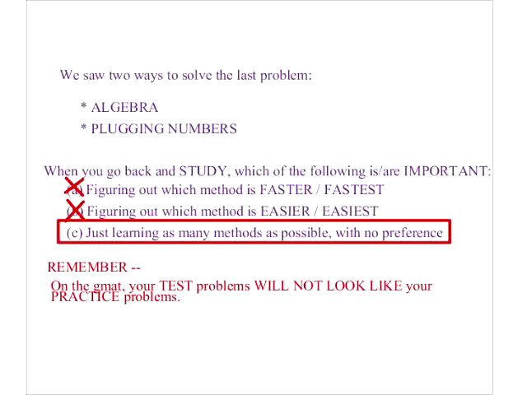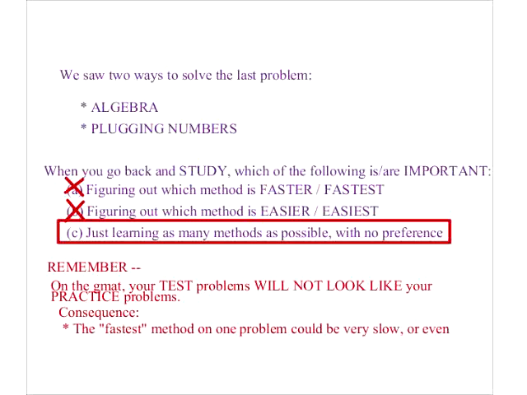But the consequence of this fact about the GMAT is that fastest and easiest are not meaningful concepts anymore. Whatever is the fastest method on one problem could be very slow or even impossible on a similar problem.